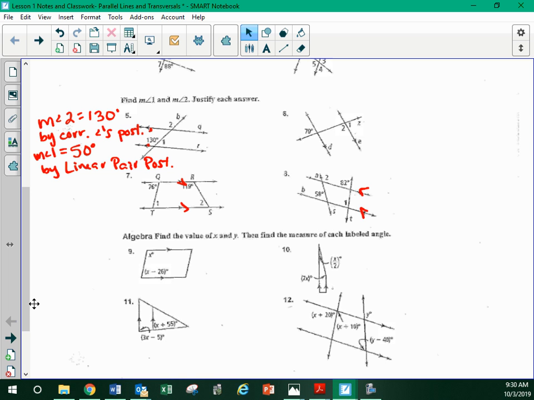You don't need to rush. Think about it. It's outside the line, on the outer side, but the other one's on the inside. You have to compare two angles both on the inside. One on the inside, and they're not corresponding.